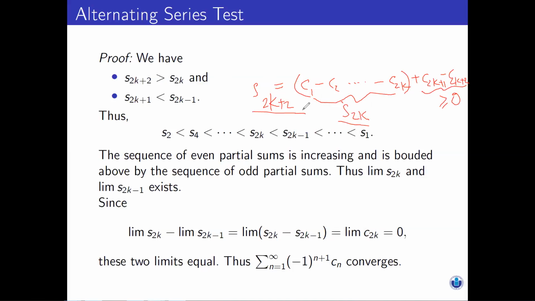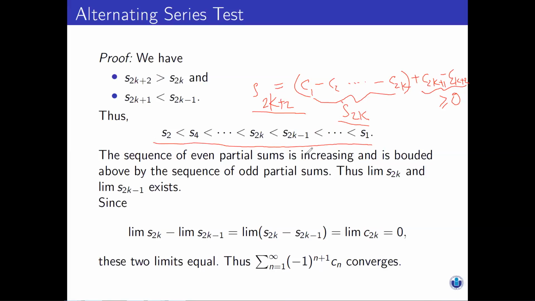And similarly, you can show that the sequence of odd partial sums is decreasing. So you have this type of inequalities. So the sequence of even sums is increasing and is always smaller than the sequence of odd partial sums. So each has a limit.